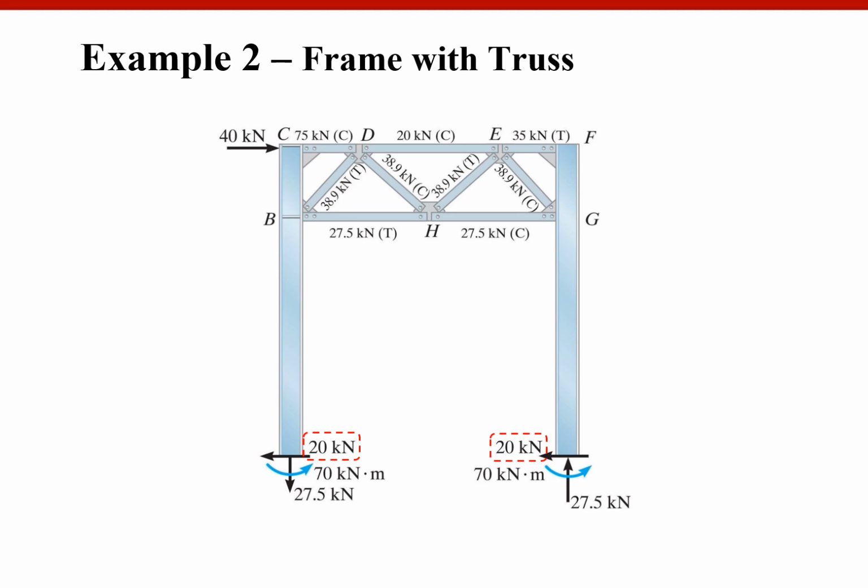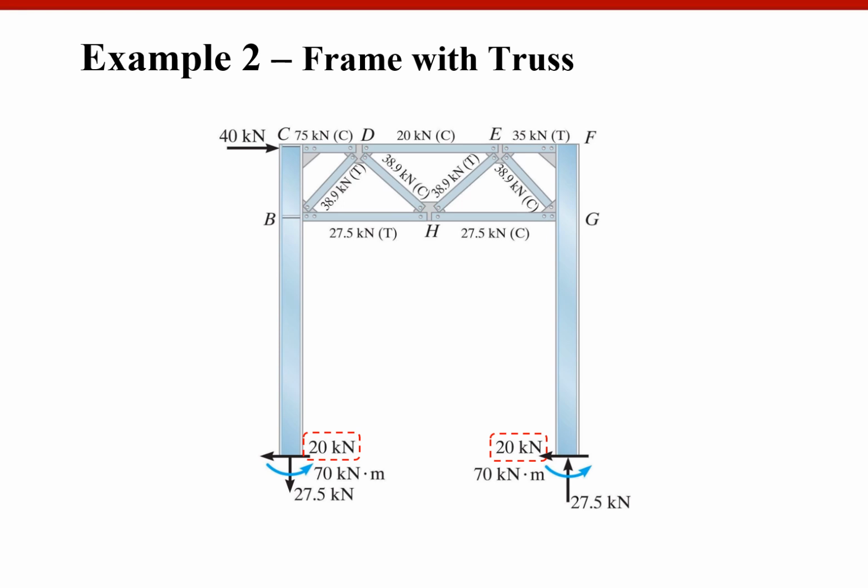Using this analysis result, let's try to learn something. When you have a 40 kilonewton lateral load due to earthquake, for example, then column shear will be half and another half.